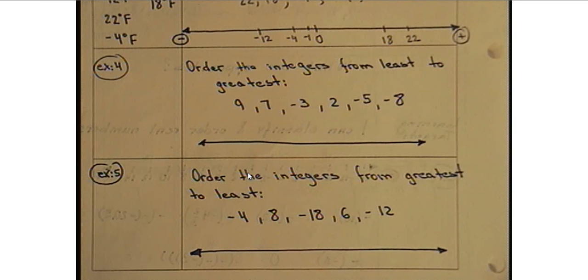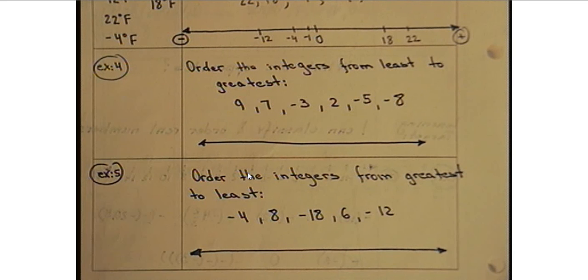I want you to solve them, or in other words, order the integers for the first one from least to greatest and the second one from greatest to least. And once you're done, come back to the video. While you're working on those two problems, you're not listening to the video. You're going to pause the video, complete the problems, and then come back, and we'll play the video and see if your answers match mine. Awesome, let's do it. So pause the video and come back when you're ready.